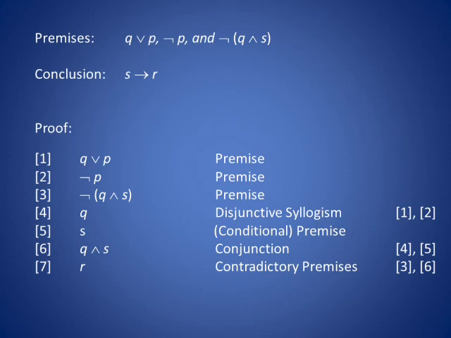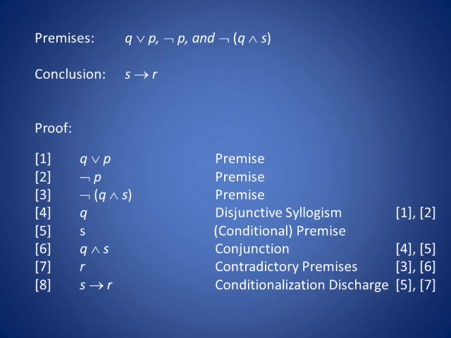The only way we obtained R was the introduction of the conditional premise S. The conditionalization rule allows us to say that from the original premises we have S implies R. This is called discharging the conditional premise. We remove it from the set of premises and use it as the antecedent in an implication.